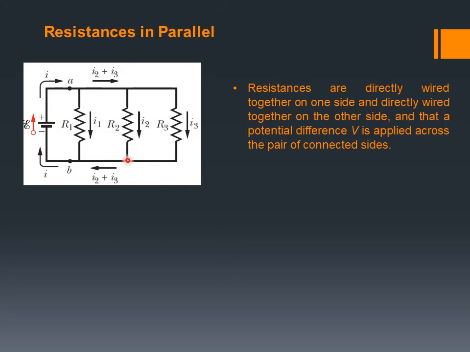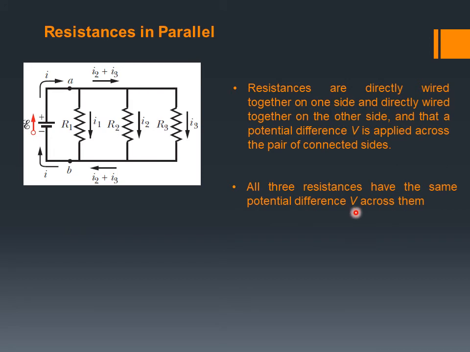At this point the two currents I2 and I3 add with each other, so the total current is I2 plus I3 here. At this point I1 also joins I2 plus I3, and it becomes the total current, which is I. So total current I is equal to I1 plus I2 plus I3.